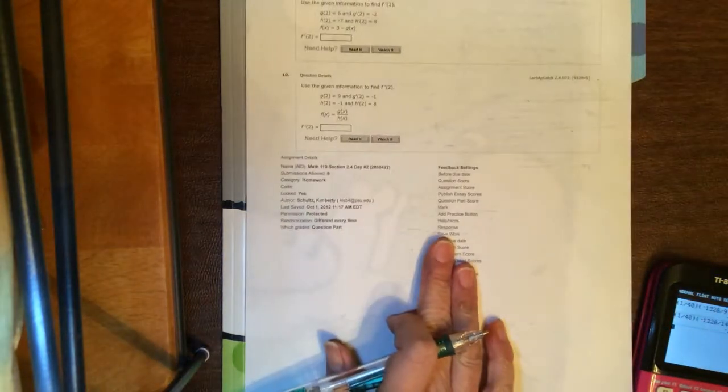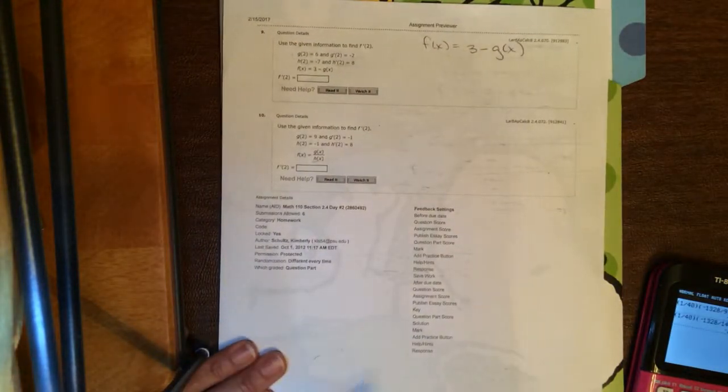All right, on to the last page. This time we have a function that is a mystery. We don't really know what f or g are. All we know is that if we take the number 3 and subtract the function g, that's what the function f is.